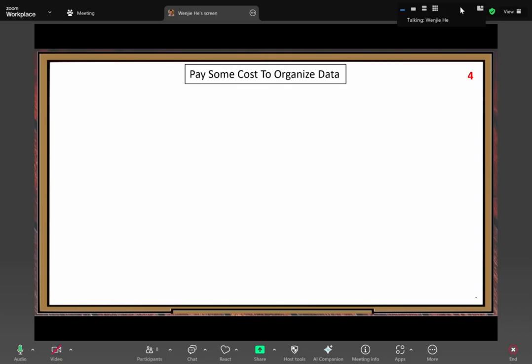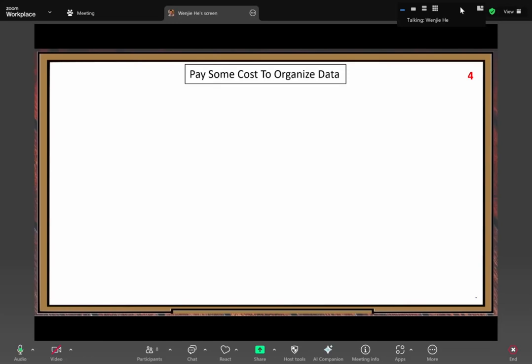This time, before we start our comparison, we are willing to do some preparation work. We invest our resource on an important task: organizing the data.